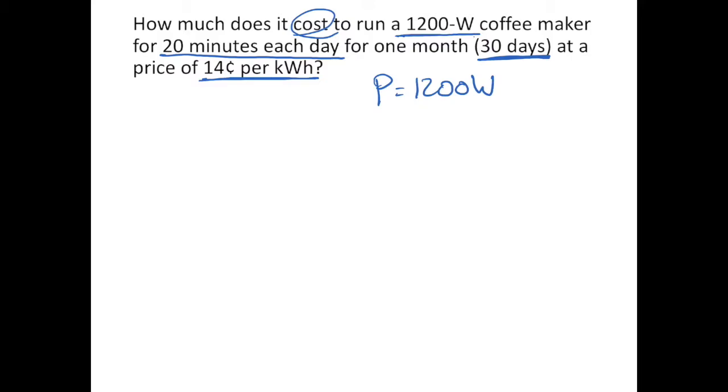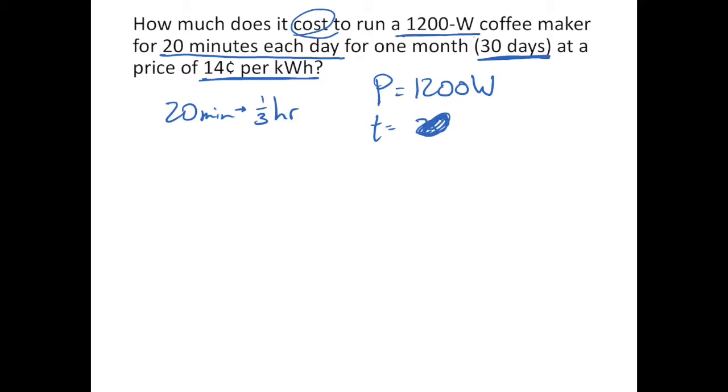Let's see, our time. We have 20 minutes per day, and we need to convert 20 minutes into hours. So that's a third of an hour, because an hour is 60 minutes.